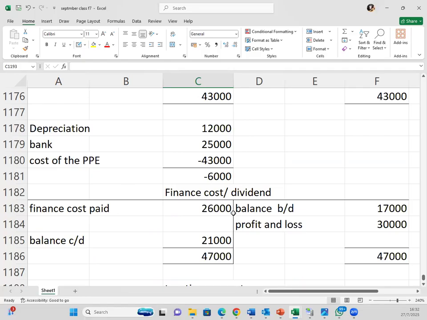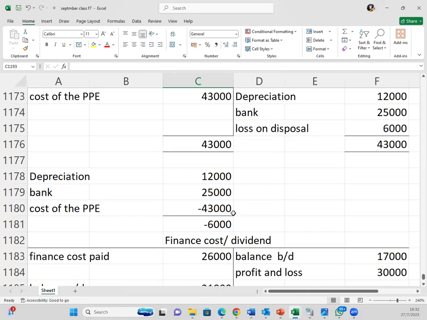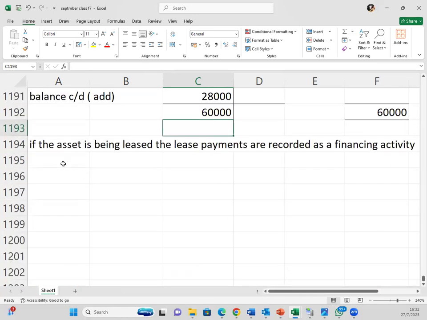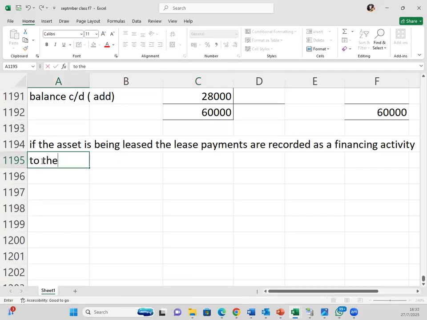So for the dividend, we can actually use the retained earnings to determine the dividend paid.